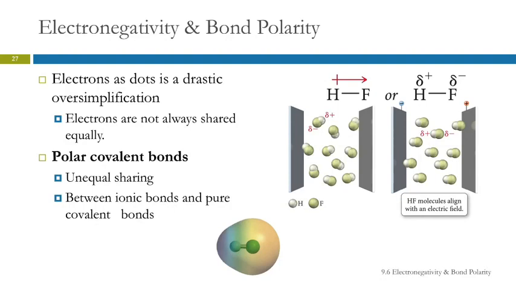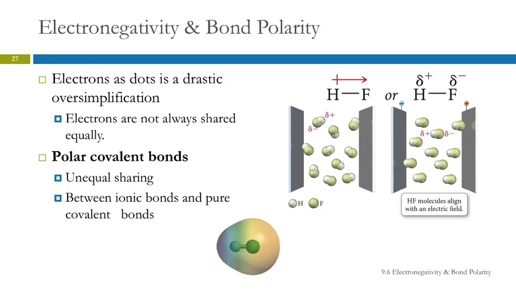So what's known as a polar covalent bond is a bond where you have one or more pairs of electrons that are shared between the two atoms, but they're not shared equally. So here, hydrogen fluoride, we've got the hydrogen and we've got a fluorine. We're not showing the lone pairs, we're just looking at the bond. And so this pair of electrons shared between hydrogen and fluorine, actually the fluorine kind of hogs the electrons.